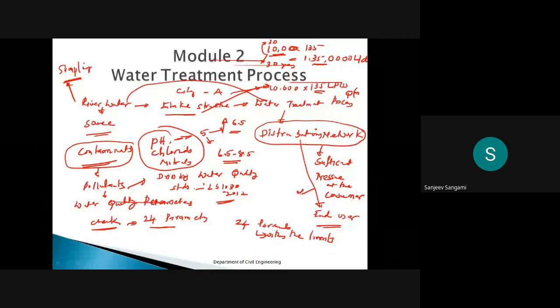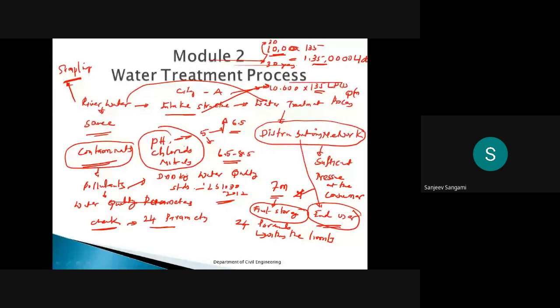How much should it be? 7 meters always for the first storage building. That has to be maintained. Then only my distribution network is correct, and the end user is satisfied.